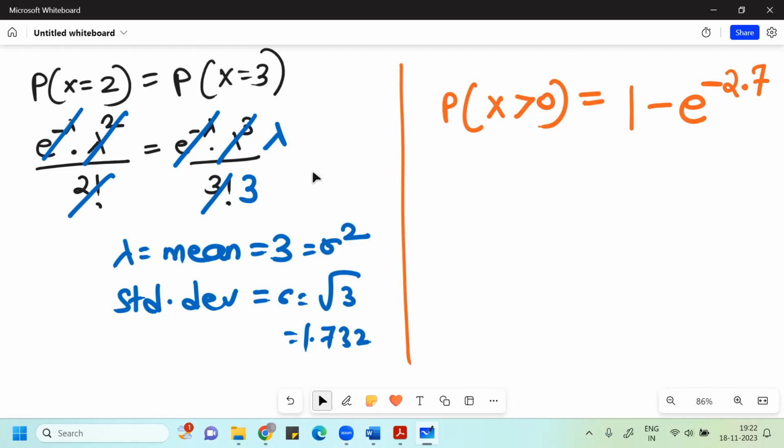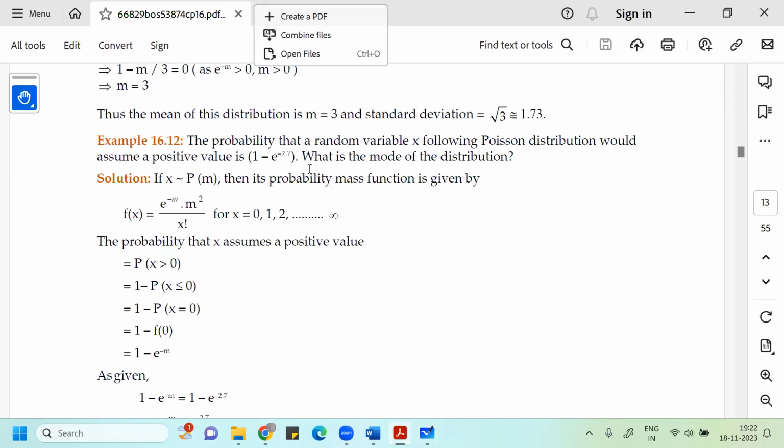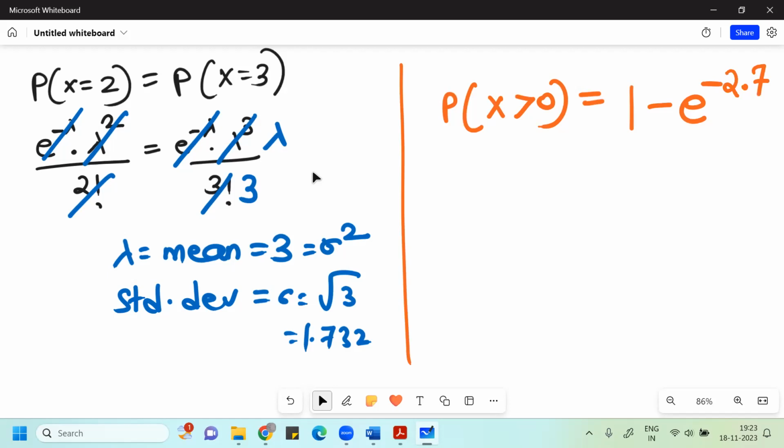So they're telling that the probability that the random variable following a Poisson distribution would assume a positive value. Positive value means greater than 0.